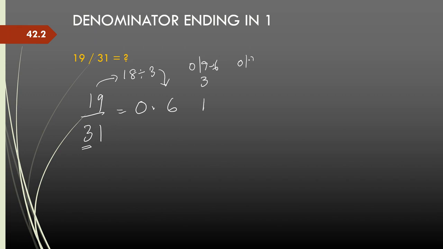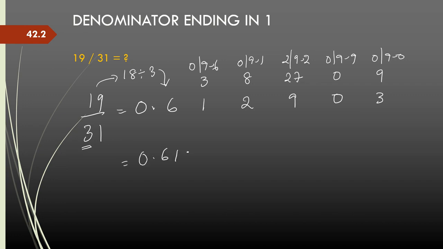No remainder, 9 minus 1 is 8. 8 divided by 3 is 2 times. 2 remainder, 9 minus 2, 27. 27 divided by 3 is 9. 0 remainder, 9 minus 9, 0. 0 divided by 3 is 0. 0 remainder, 9 minus 0, 9. This is 3 times, and then this will continue. So, the fraction converted to decimals is 0.612903, and so on, and it will continue.